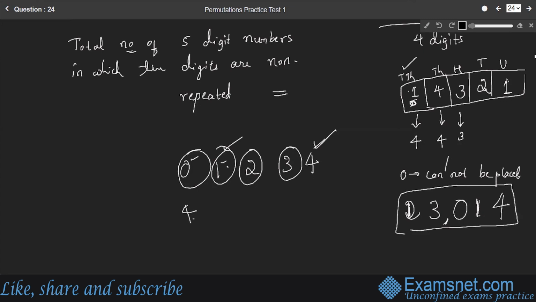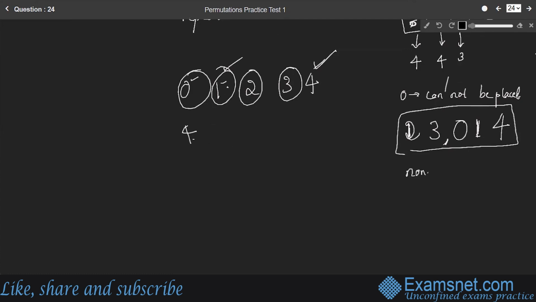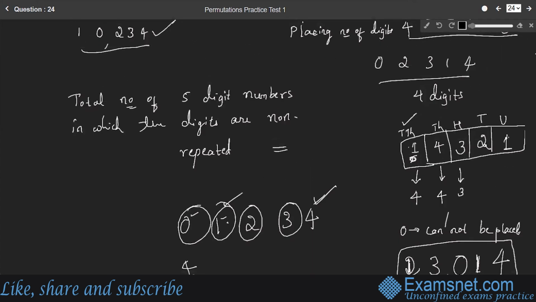In this, no number is repeated. So it is a number formed by digits which are non-repeated.